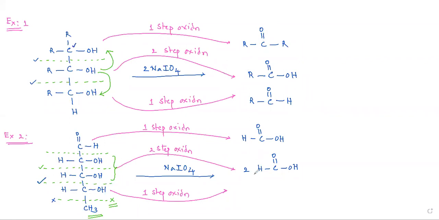So what do we get? A primary alcohol obviously on one-step oxidation gives an aldehyde, but because you have a methyl group here, you get ethanal or acetaldehyde.